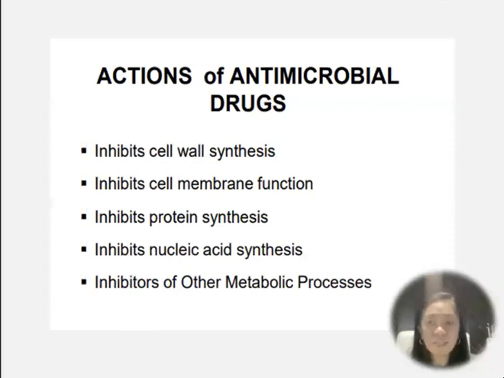So these are the specific actions of antimicrobial drugs. They may be either bacteriostatic or bactericidal. Their action specifically would be any of these: inhibition of cell wall synthesis, inhibition of cell membrane function, inhibition of protein synthesis, inhibition of nucleic acid synthesis, or they could inhibit other metabolic processes, like inhibiting formation of certain vitamins, certain acids necessary for metabolic processes like folic acid synthesis.